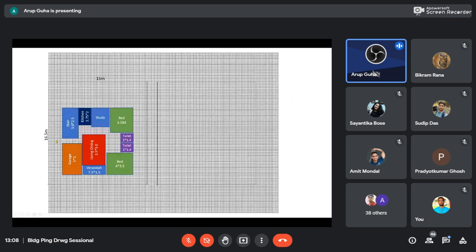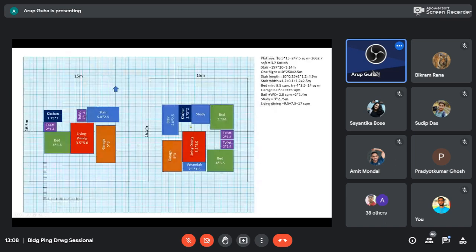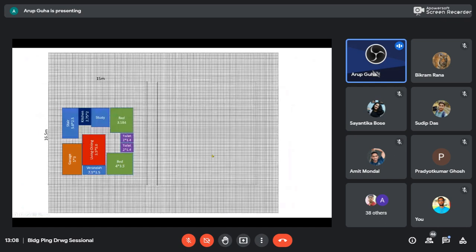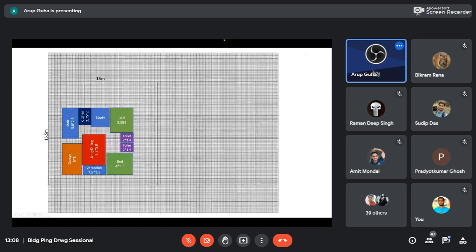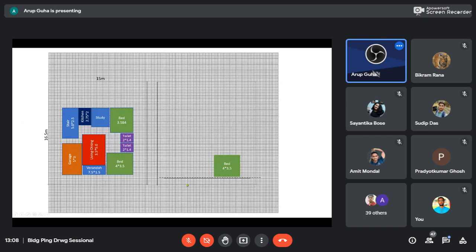So এইবারে that drawing here, this one has been copied over here and over a graph sheet, and then we start like this. We draw a wall over here. I don't know whether you can see this wall, and then place the bedroom over here.